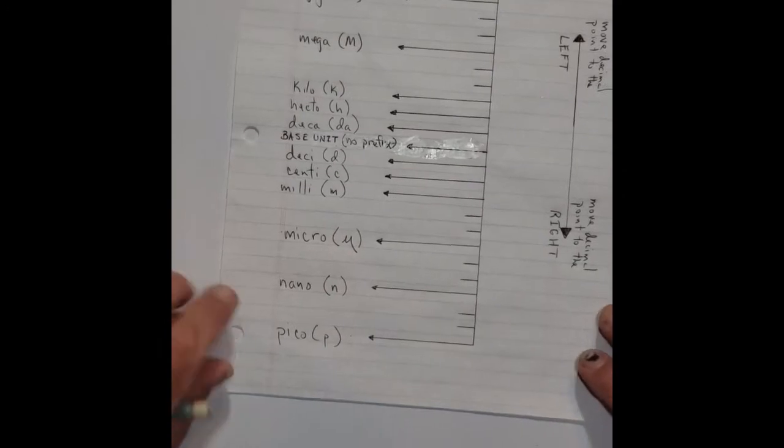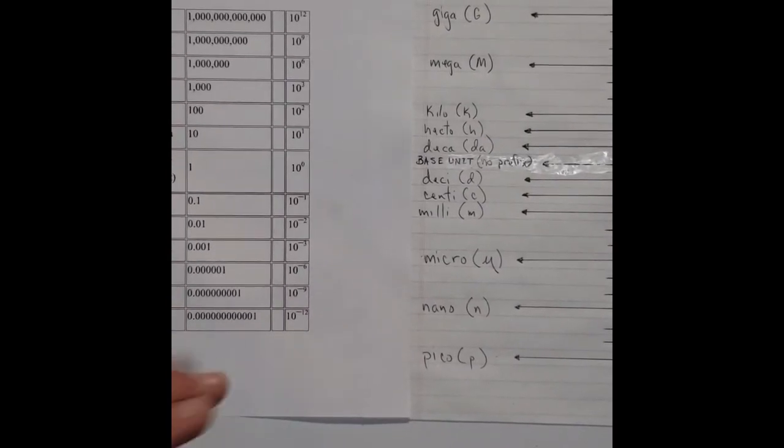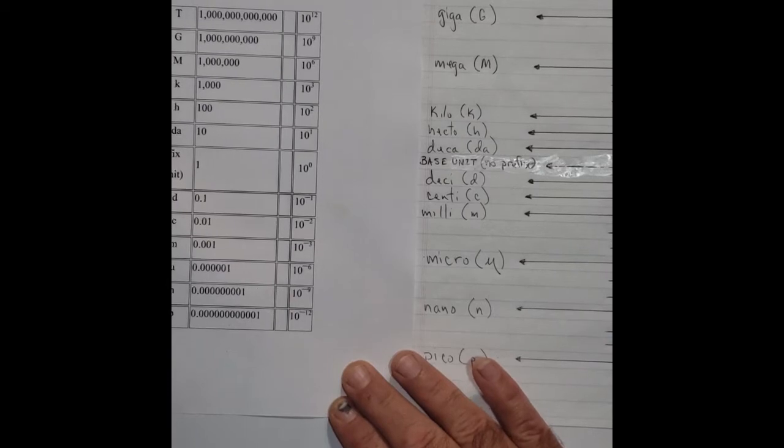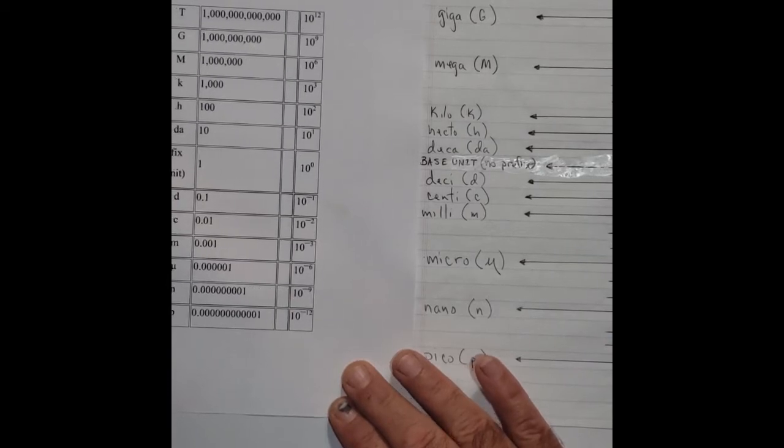Now, in addition to this, I took the exact same prefixes and assembled them into this ladder grid, for lack of a better term. These are the same thing. The main difference between this one and this one, you'll note, is that between kilo and mega, mega and giga, giga and tera, here they're one after the other.